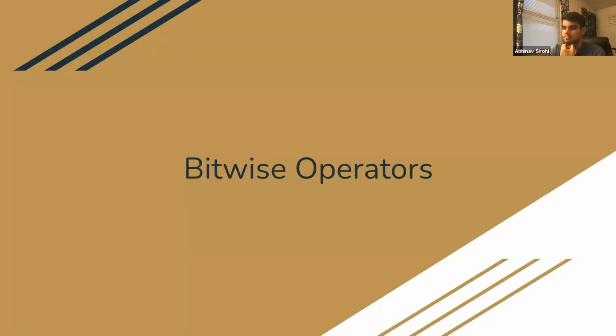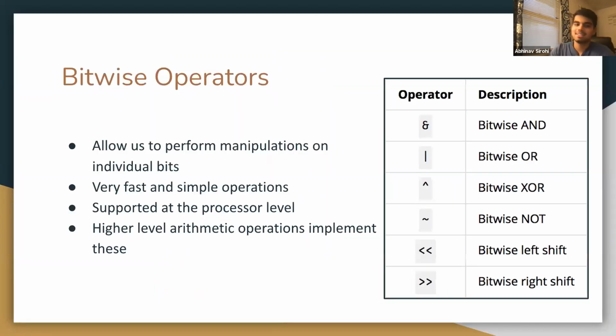And so the next thing we have is bitwise operators. Bitwise operators are basically operators that allow us to perform manipulations on individual bits in a bit string. And they're very fast and simple operations.